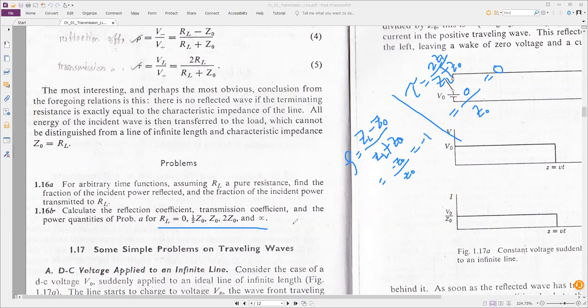Similarly, you can solve this one, this one, this one. These are the things we have to consider. We just put those values in and you will get the result.